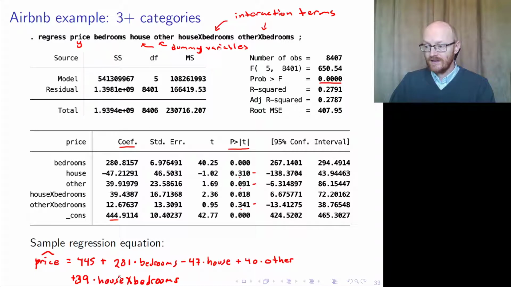Okay, when the house dummy is equal to 0, then this house times bedrooms is also equal to 0. Okay, plus 12 times other times bedrooms. Okay, so that would be our sample equation, our estimate of the price.